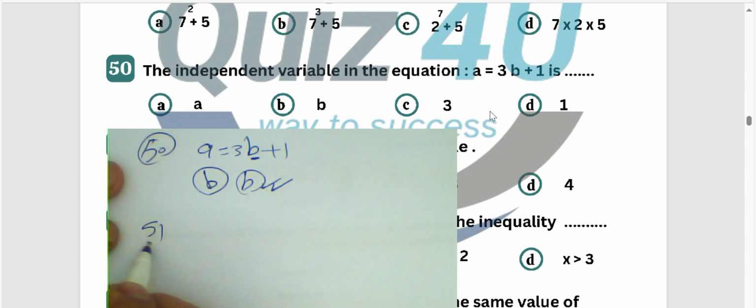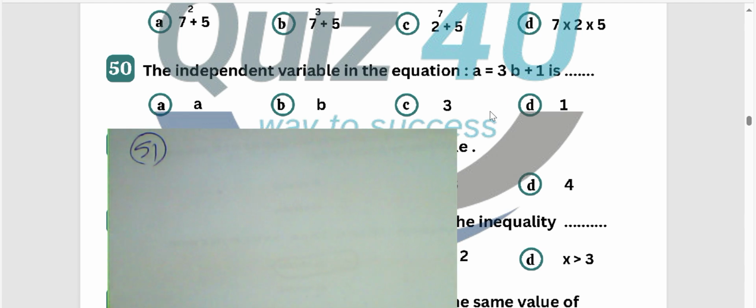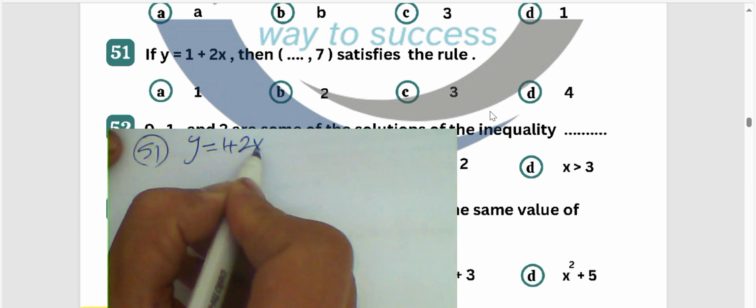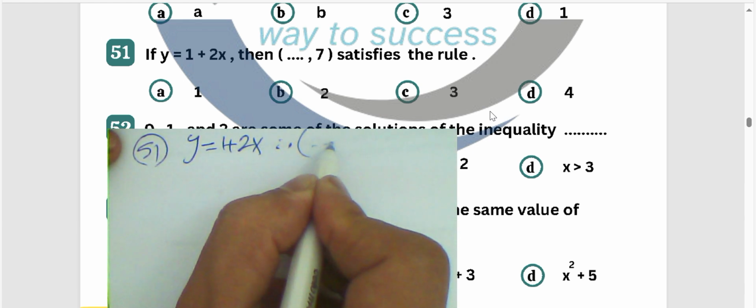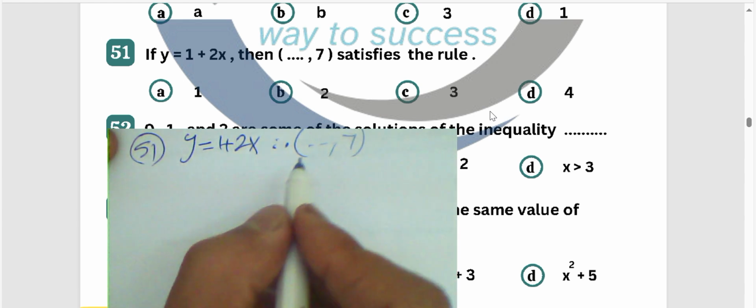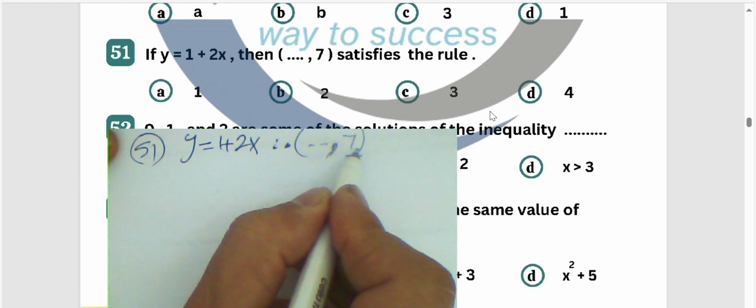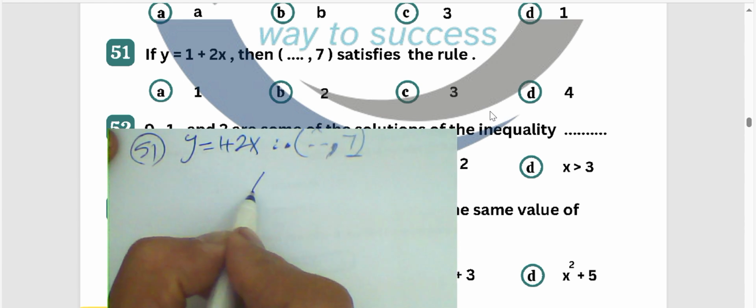Question 51. If y equals 1 plus 2x, then the point (x, 7) satisfies this rule. We can put the value of x equal to what?